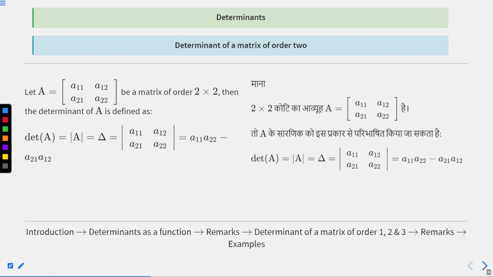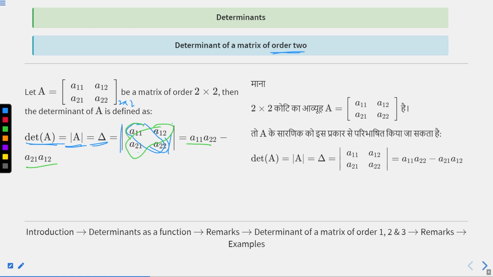What about order 2? If you have an order 2 matrix, meaning 2 cross 2 with entries A11, A12, A21, A22, then you will have your determinant A, and the notation will be these. First of all multiply these, and multiply these, then subtract.